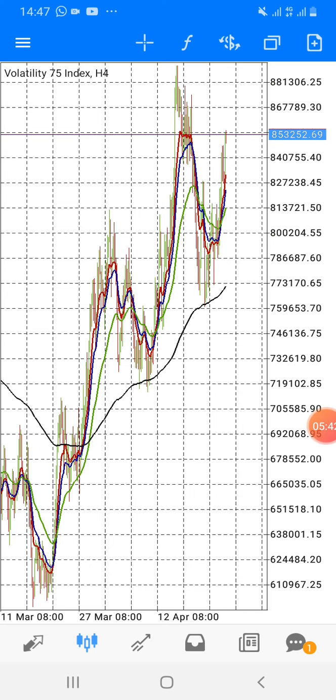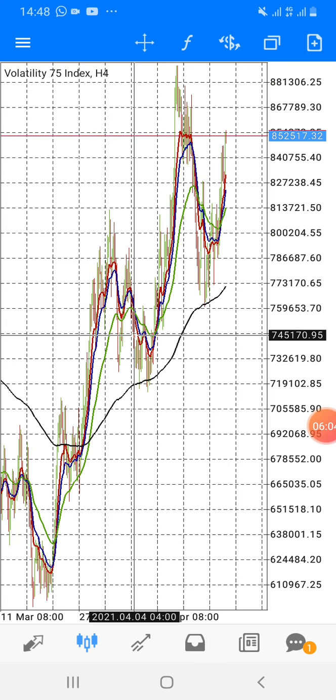So I'm going to start off with when to buy, right? When do you buy and when do you take buy trades? So the first thing is you want to know your direction for V75, and your direction can only be told by the black line that we see right here.